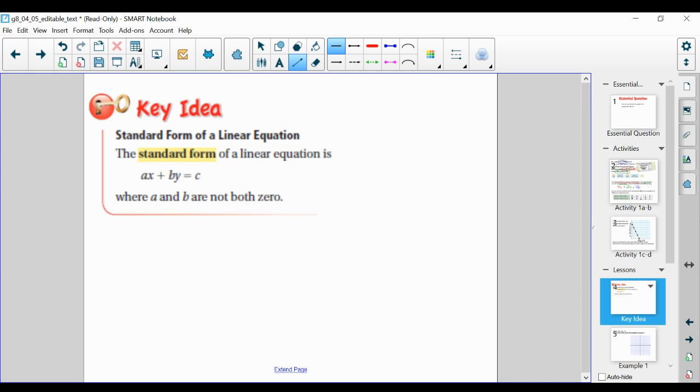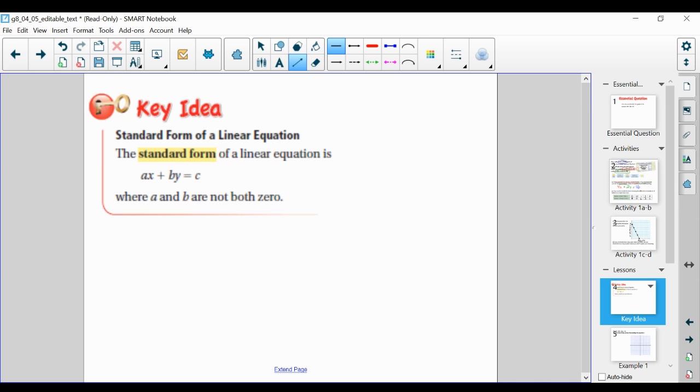Pretty much a and b have to be numbers. They can't be 0. They have to be 1, 2, 3, 4, -5, -10, a half, whatever. It just cannot be 0. So ax plus by is equal to c represents standard form.